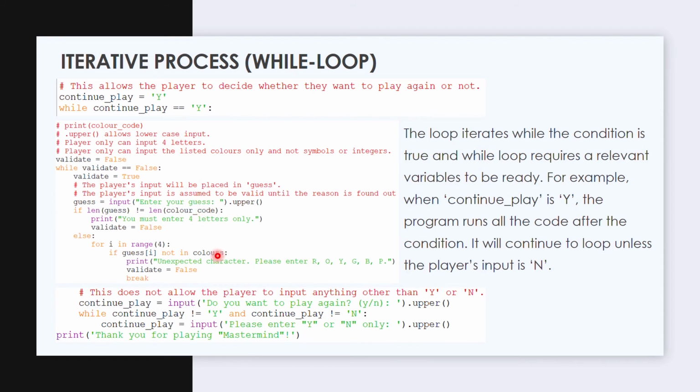This is also used to check the validity of the guess input by the player. While the guess is not correct, validate will be set false, and it is needed to create an iterative process in the game. Computational problems such as repeated statements that are determined by using a condition require an iterative process, which is helpful for problem solving.